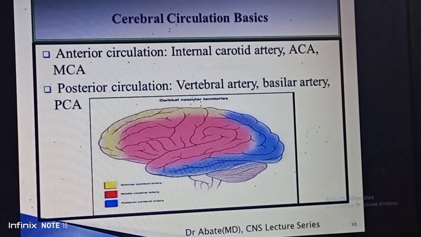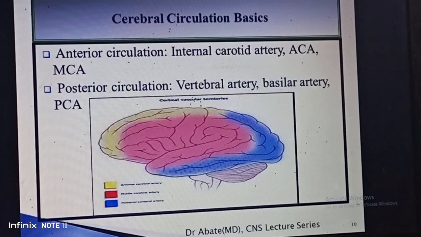With this, let's see the cerebral circulation basics. As we know, the brain has many arteries that arise from the internal carotid artery and, from the posterior part, the basilar and vertebral arteries.